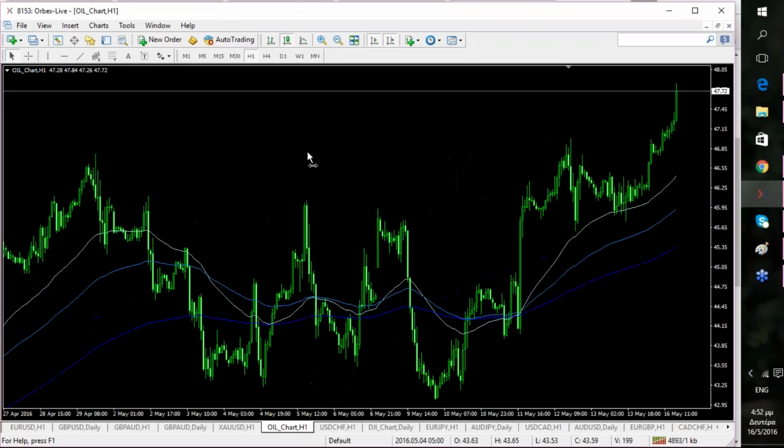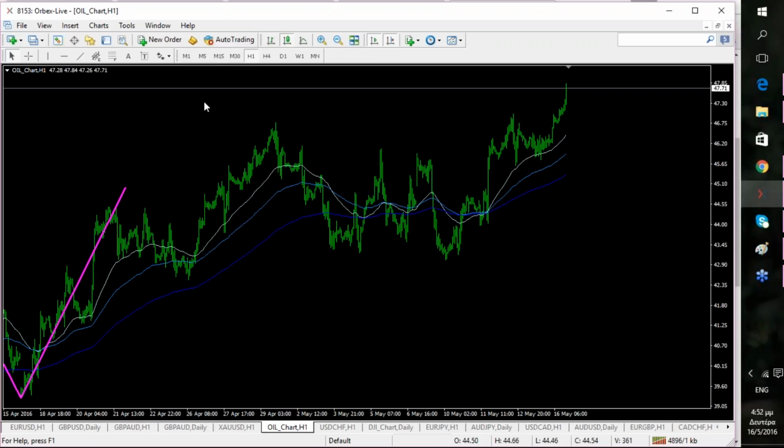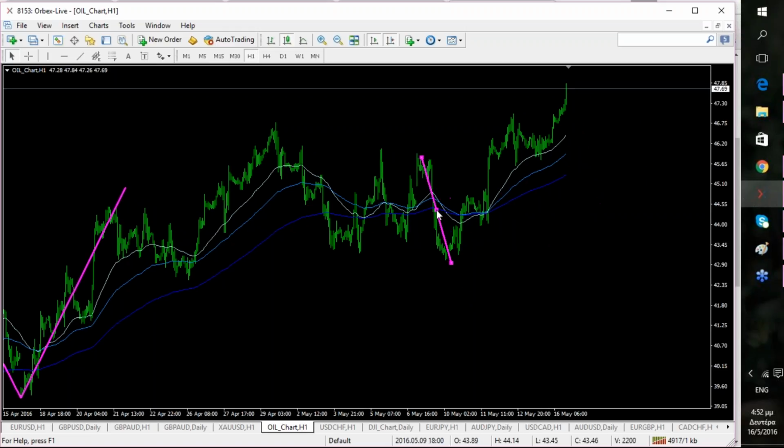So let's look at oil and see whether we could find any sort of pattern. If at all we're looking at a potential Z-like pattern, perhaps we can look at that move here, okay? And this would be a bullish Z-like pattern. Let's say we take that as an A to B of the Z-like pattern.